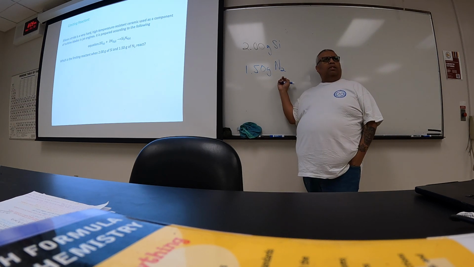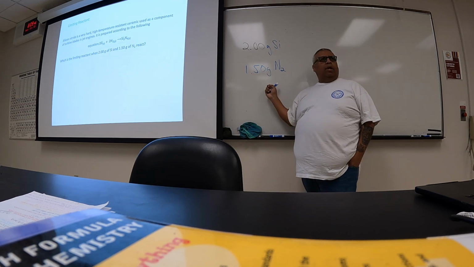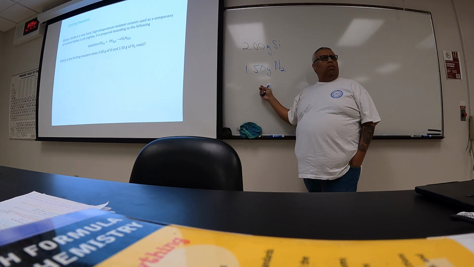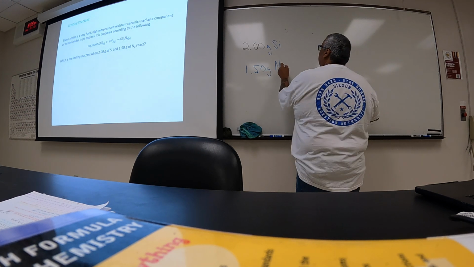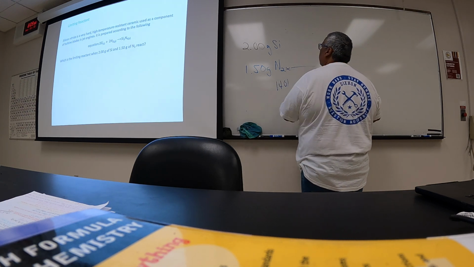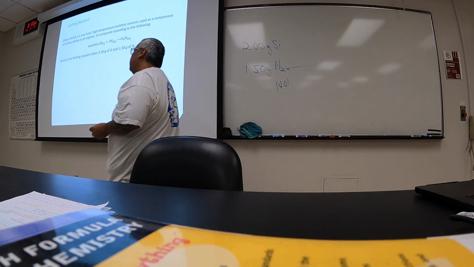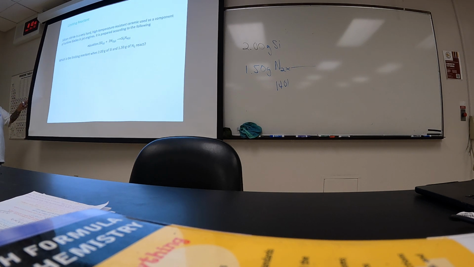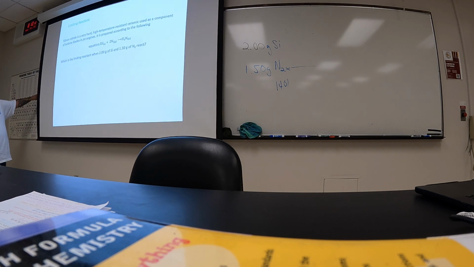So the process here is, well, we can't compare grams to grams. We need to compare moles and moles, right? So first thing we need to do is get these into moles. Nitrogen is 14.01. Let's see what silicon is. I have 28.09. Is that sulfur? Oh, that's sulfur. We need silicon, Si.